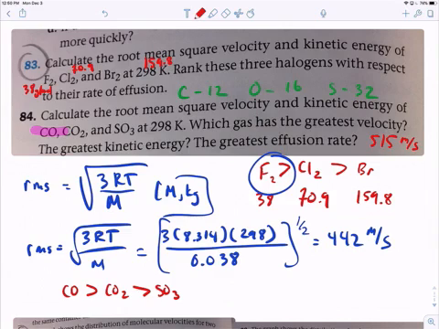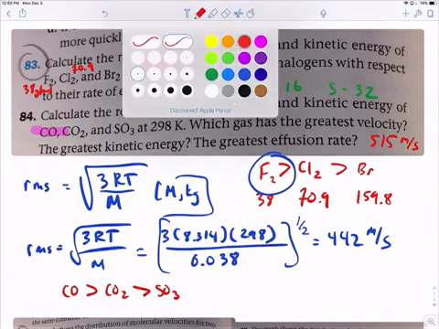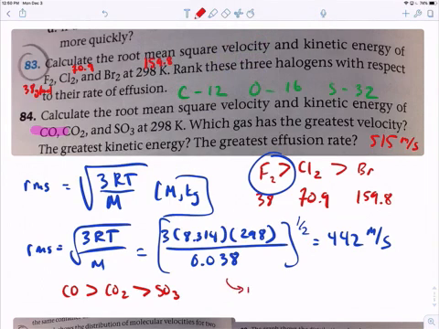If you look at the units: joules per mole Kelvin times Kelvin divided by kilograms.